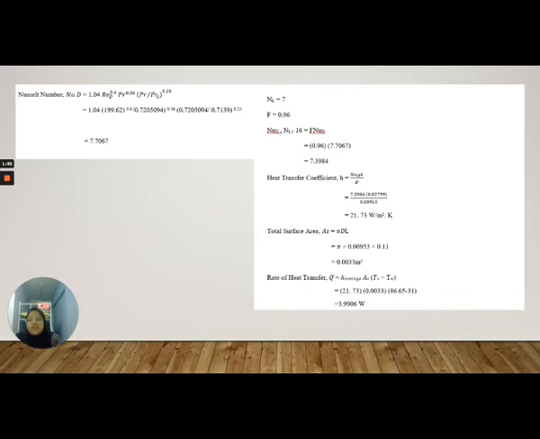We get the Nusselt number 7.7067. After that, we refer to table 7.3 to get the F value. After we get the F value, we calculate the heat transfer coefficient, which is 21.73 watt per meter square Kelvin.